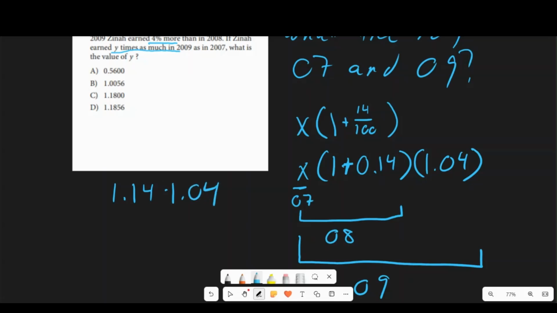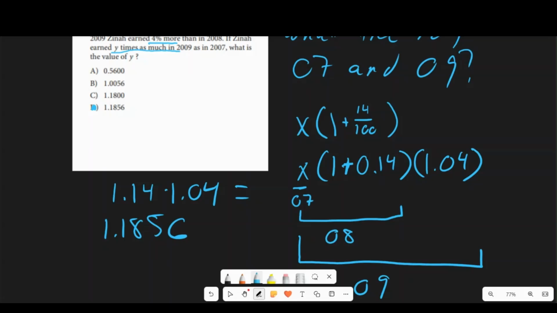I am not going to do this one by hand because I despise doing decimals. Decimal multiplication is just annoying to me, so I'm going to use my calculator, and I fully expect you to use your calculator too, if it's permitted in this section, which I think it is. So that evaluates to 1.1856, and that is our answer choice D.